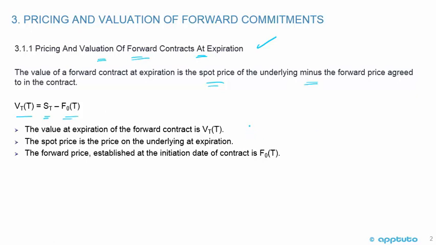So again here, VT, the value at expiration of the forward contract, is equal to the spot price of the underlying at expiration minus the forward price, which of course is established at the initiation date of the contract. So remember, the forward price is established at the initiation date of the contract, and the value at time zero equals 0, okay?